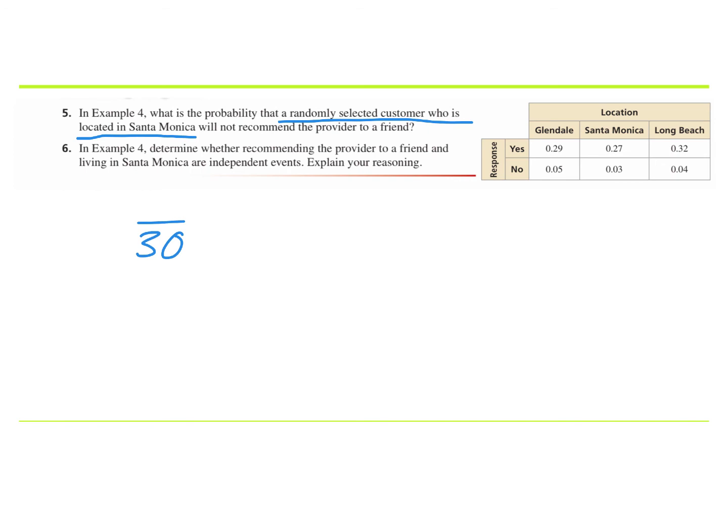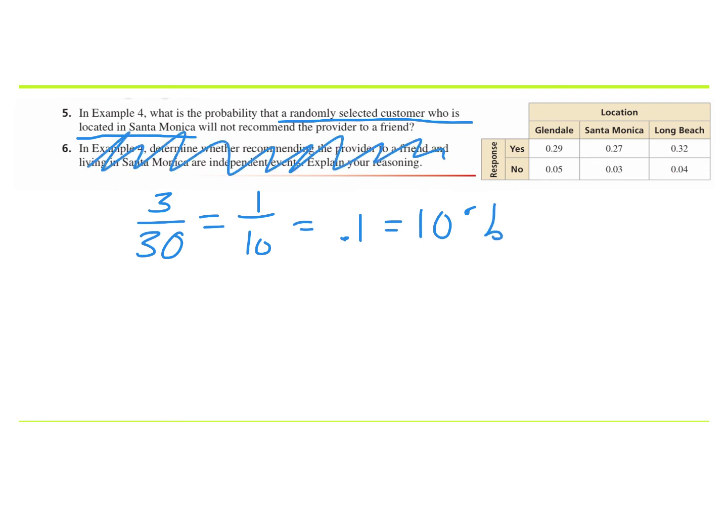And out of those 30, how many do not recommend the provider to a friend? 3. So we have 3 out of 30. Can we simplify this fraction? 1 over 10. What's the decimal version? 0.1. And what's the percent? 10%. Perfect.